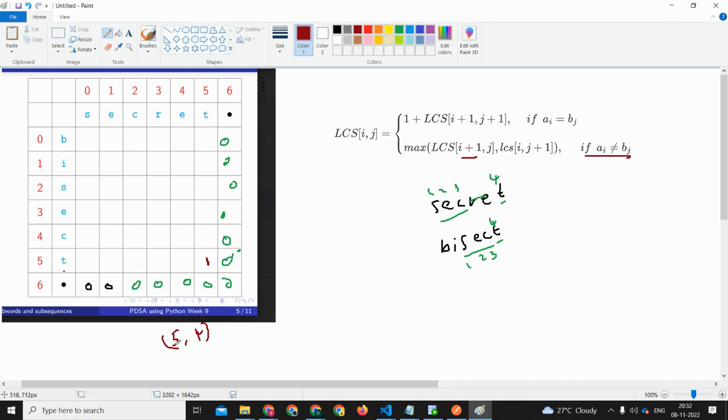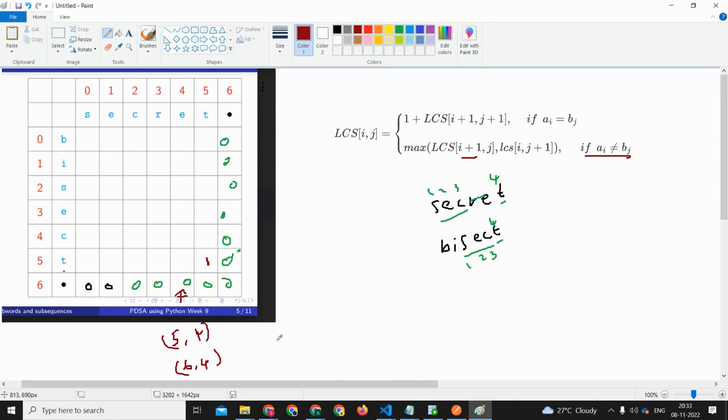If that is the case, we have 5 comma 4. So I is 5, j is 4. What is I plus 1? It is 6 comma 4. What is the value of 6 comma 4? Ravina? It is 0.